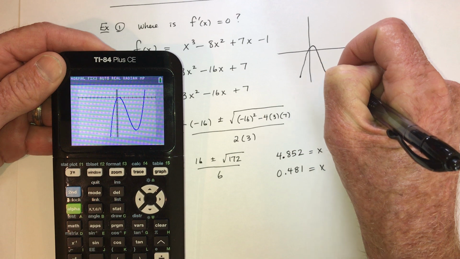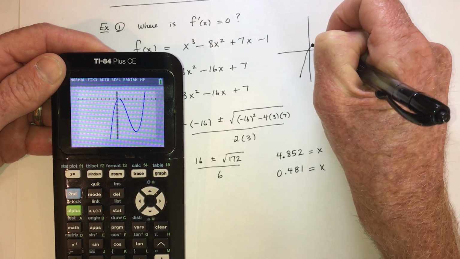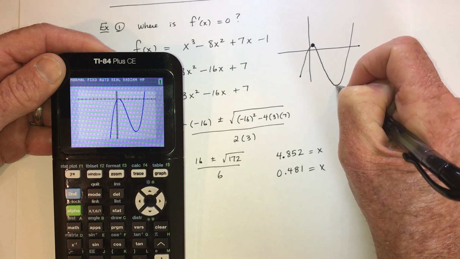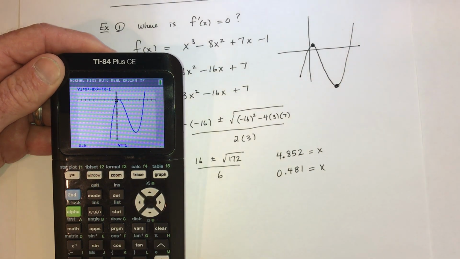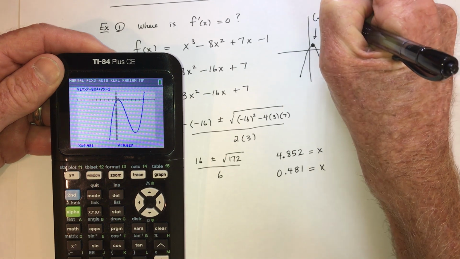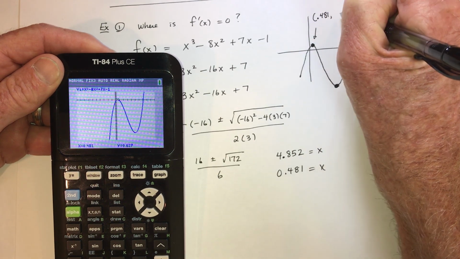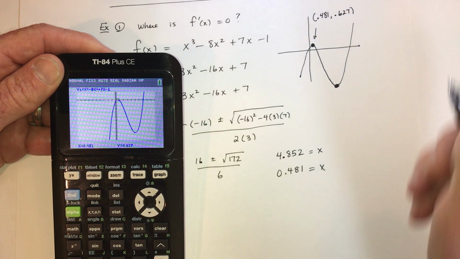So it looks approximately like this. So right here, that's one place where the derivative equals 0, and right here, that's another place. Then trace, and I got an answer of 0.481. So this point is, x is 0.481, and y is 0.627.